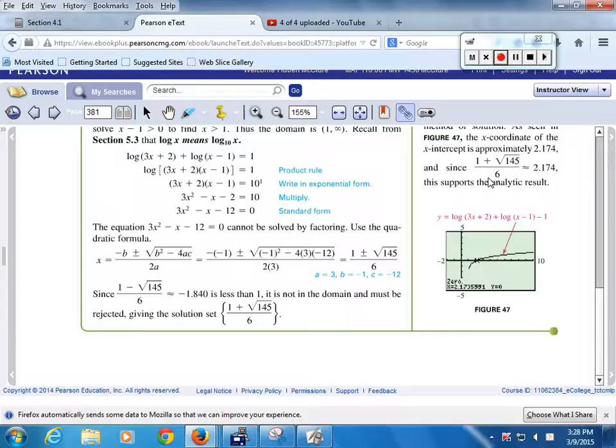Now, I do not have a problem with you finding the logarithm of something on a calculator, because unless you're Rain Man, you're not going to be able to do that in your head. But doing completing the square versus the quadratic formula, when you do the quadratic formula, what are you depending on? You depend on the calculator to do the work for you.